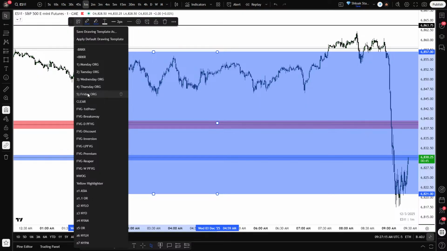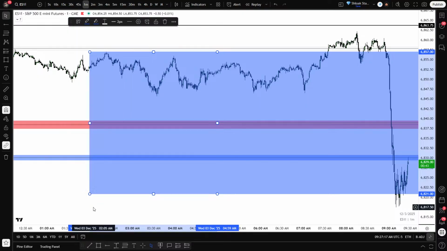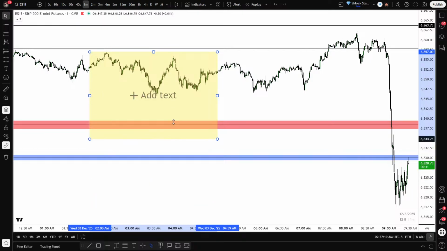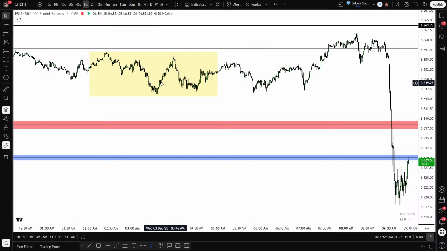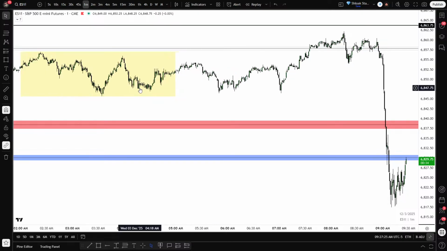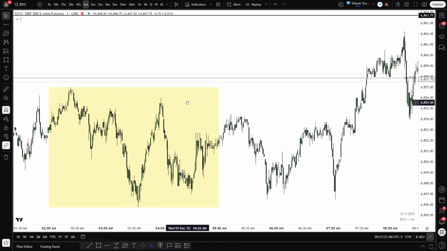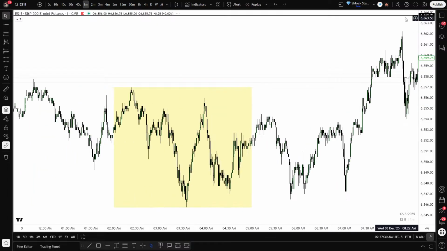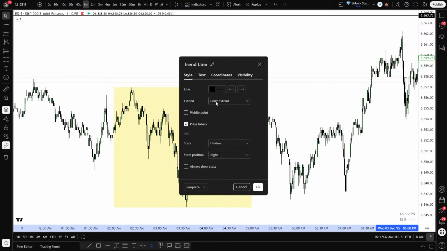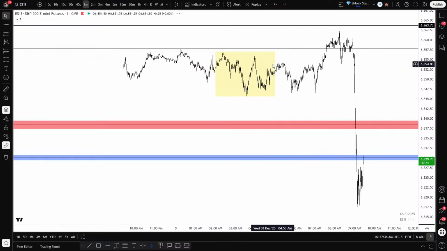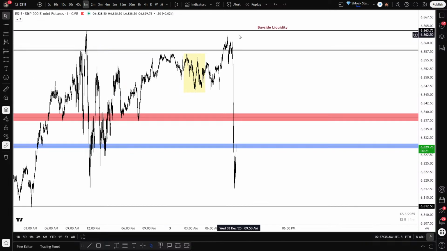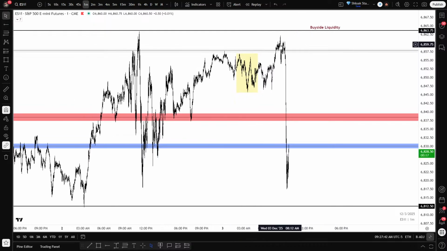And so this is what London did, and you can see that this was the buy side that we were looking at, and yeah, this one right here, it came up and then dropped.